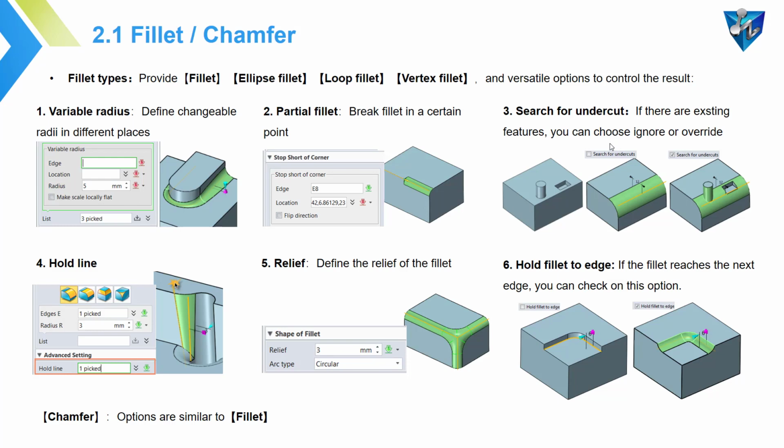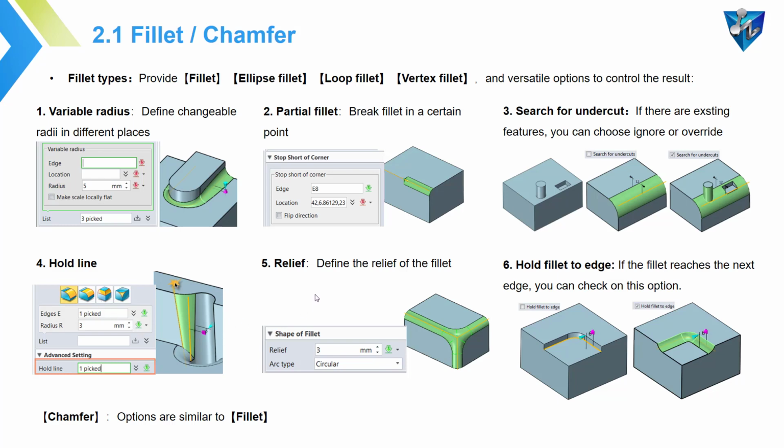If there are already existing features, you can choose to ignore or to override the existing features, and you can also see this in the image below. The fourth option is hold line, which means you can control the border of the fillet by a hold line.